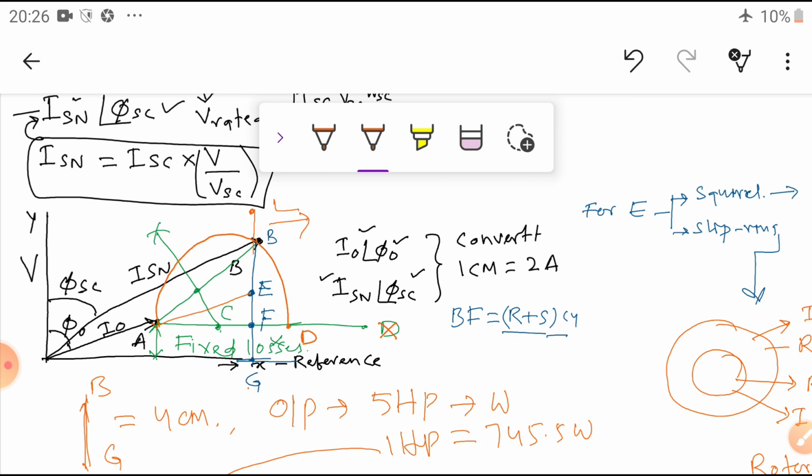Now join from L, parallel with the AB, this is parallel to this one, you are going to draw it. Then here is the one point.